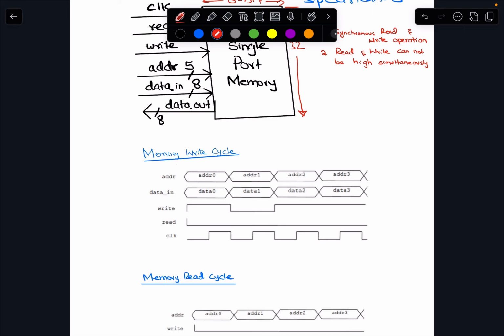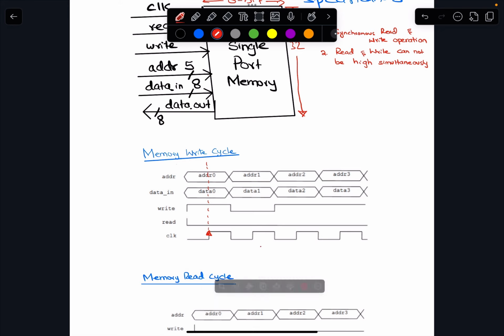So let's say this is the memory write cycle. You have address and data in, and this is the write signal when it is high, and read has to be low. In this clock cycle, the write signal is high, and whatever data is there is written at this address.